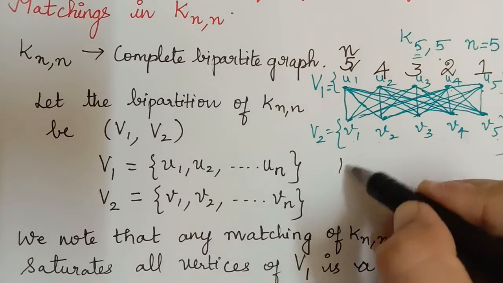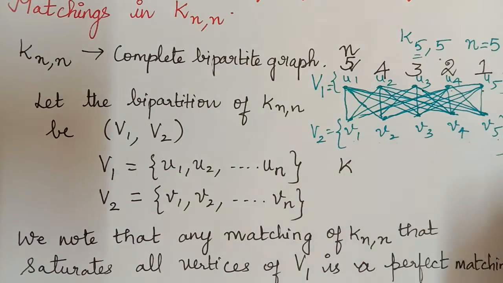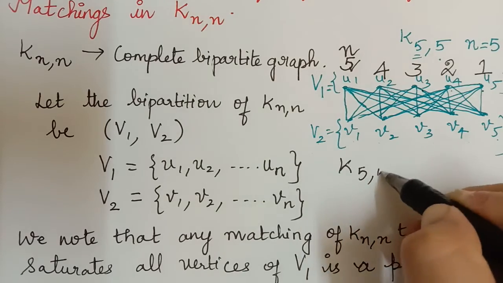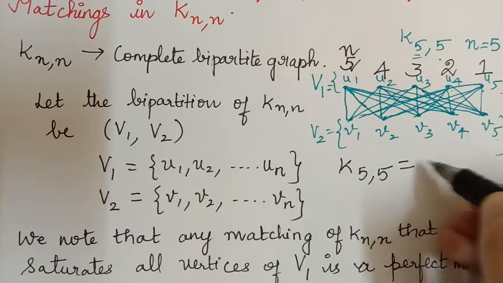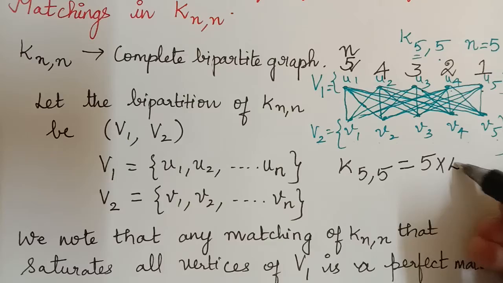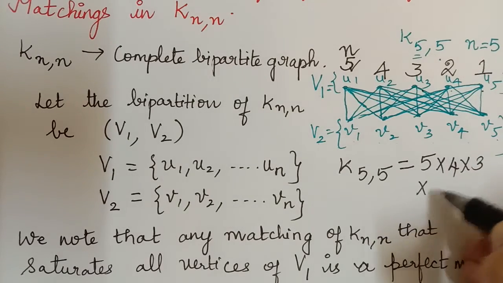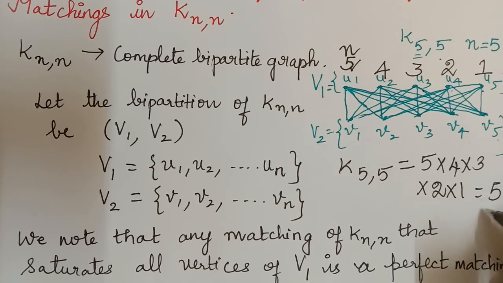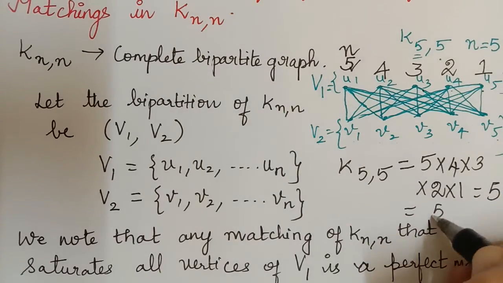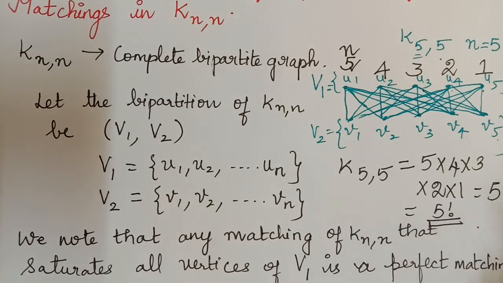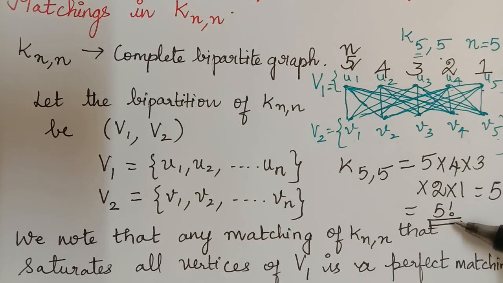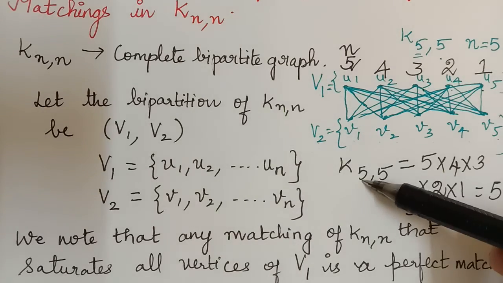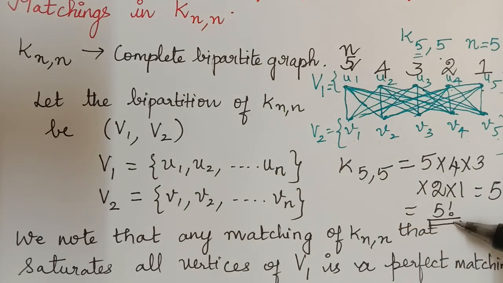So the number of ways of saturating these vertices in K5,5 will be equal to 5 into 4 into 3 into 2 into 1. When we multiply all this, we get 5 factorial. Therefore, the number of different perfect matchings in K5 comma 5 will be equal to 5 factorial.